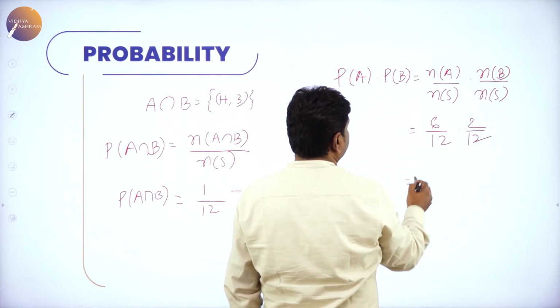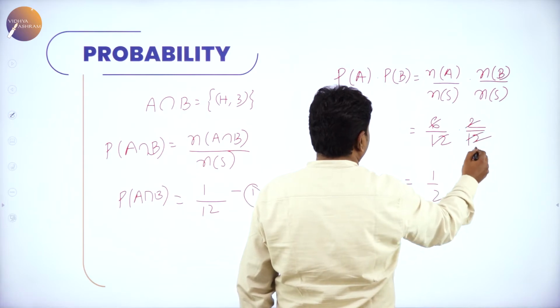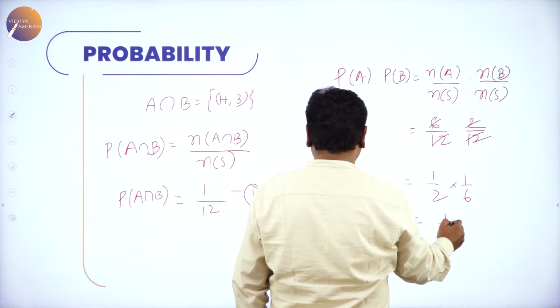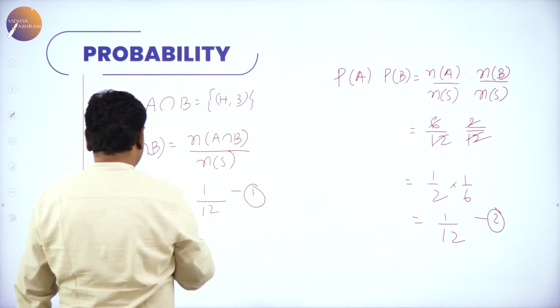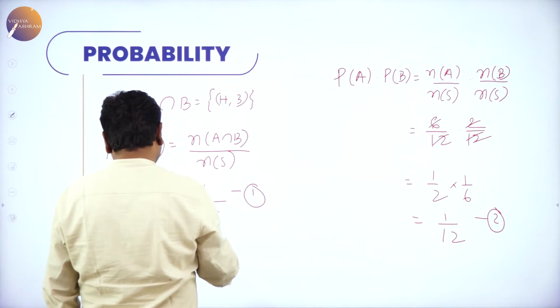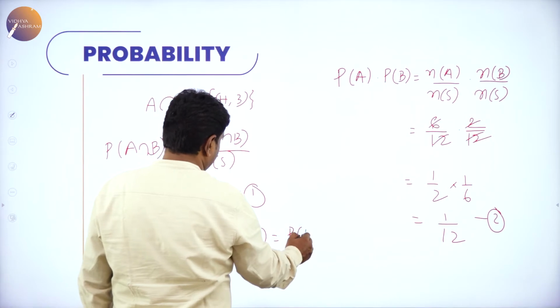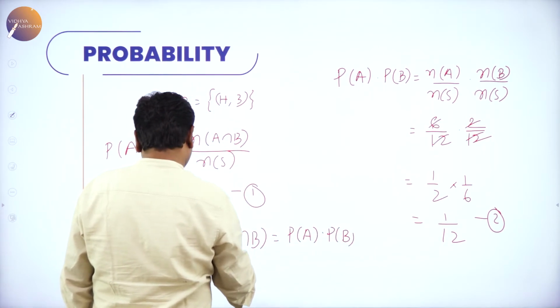Simplify this: 6 by 12 is 1 by 2, 2 by 12 is 1 by 6. So the product is 1 by 12. Therefore you got both the same. Since P of A intersection B is the same as P of A into P of B, the events are independent.